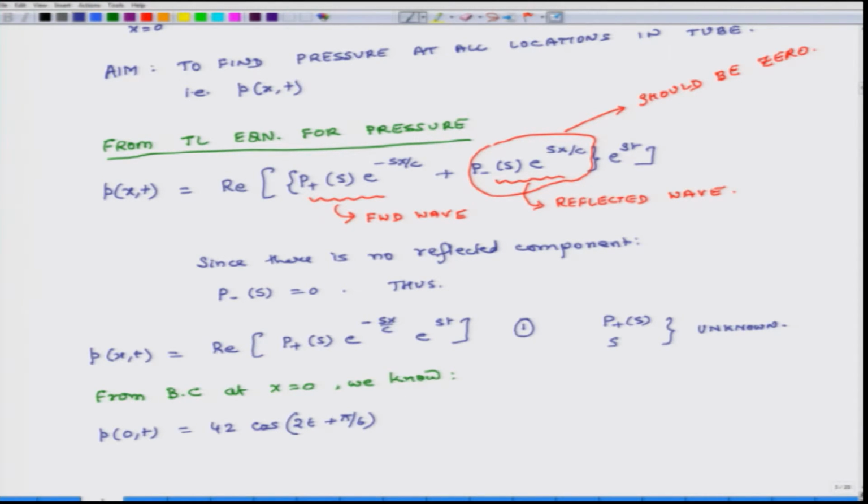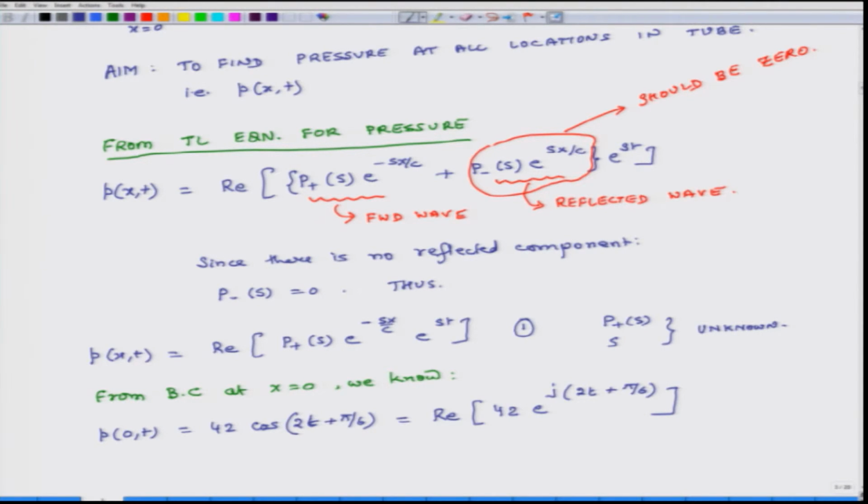Okay. 2 t plus pi over 6, or I can call it as real of 42 e to the power of j times 2 t plus pi over 6.